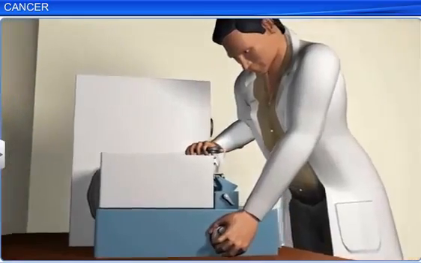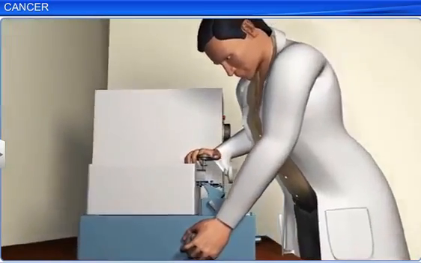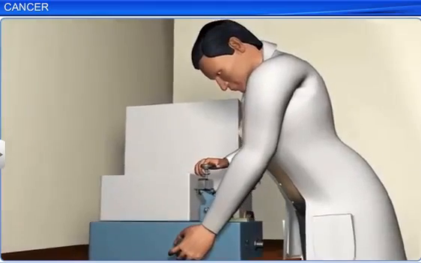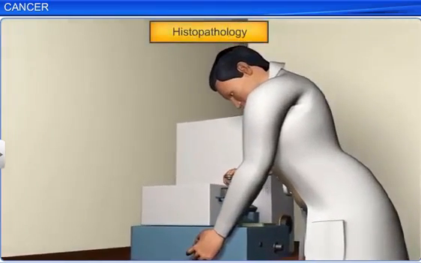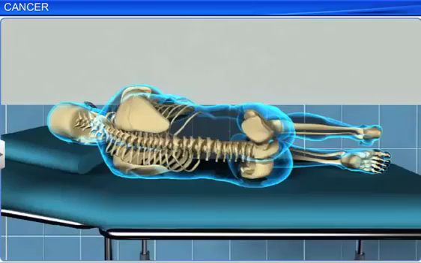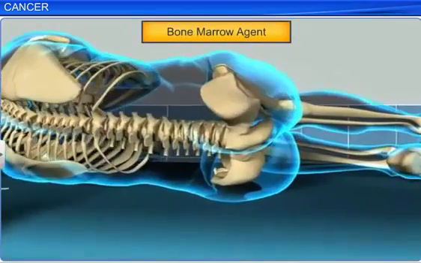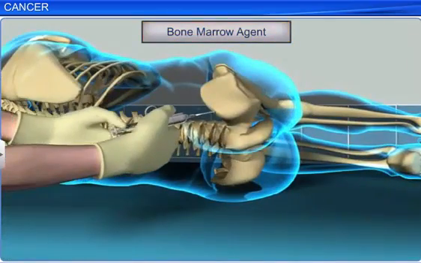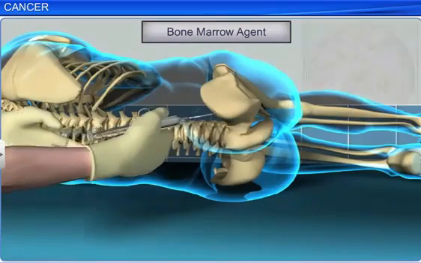This microscopic examination of tissue to study the manifestation of disease is called histopathology. Bone marrow tests are also conducted to detect increased cell counts in the case of leukemia.